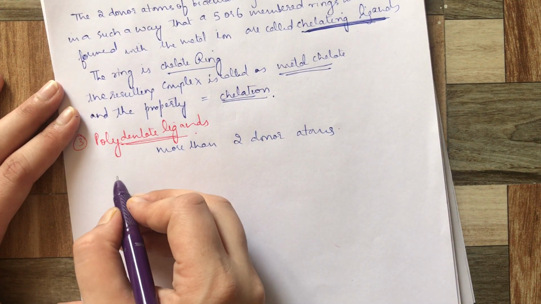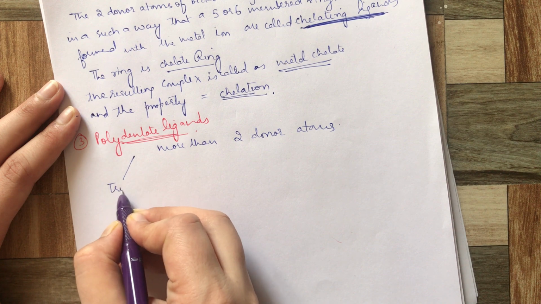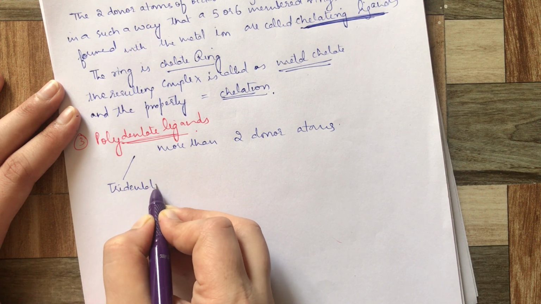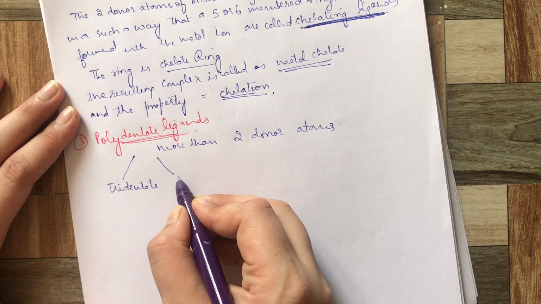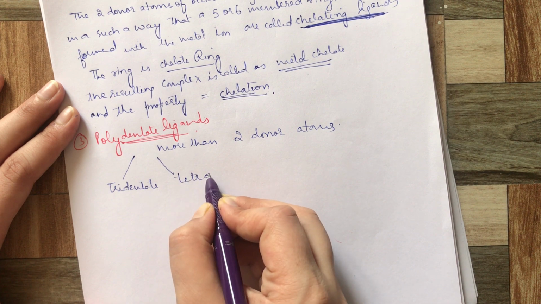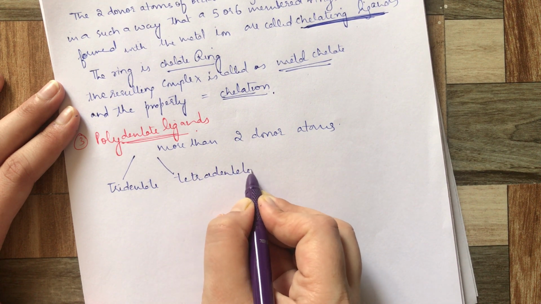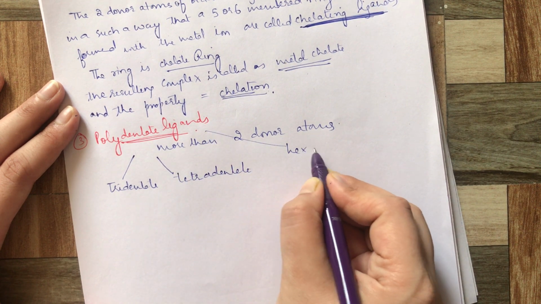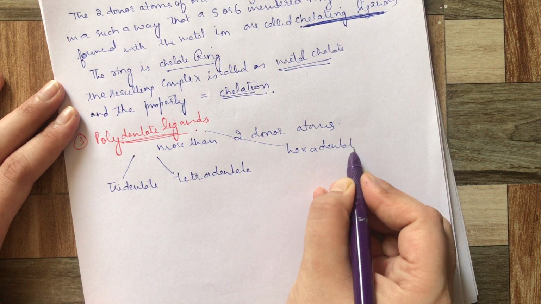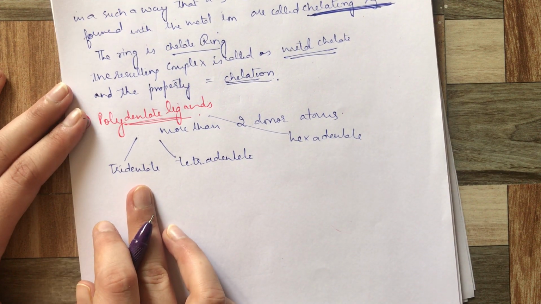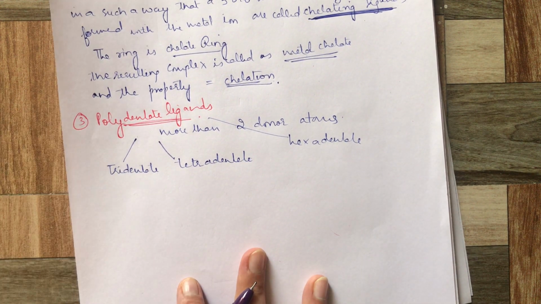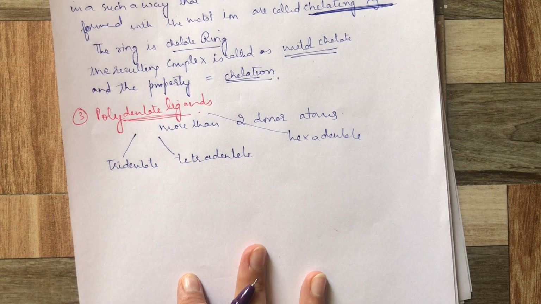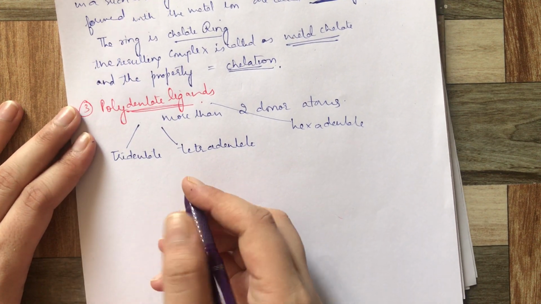So these polydentate ligands may be tridentate, tetradentate, or hexadentate. So it has 3 donor atoms, 4 donor atoms, and hexadentate has 6 donor atoms.